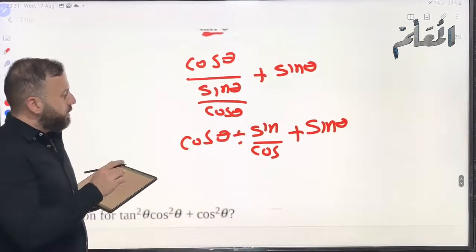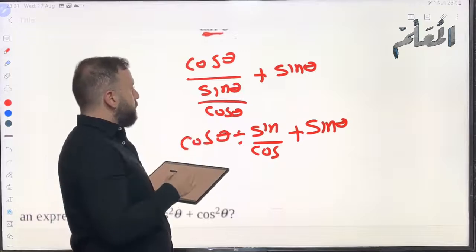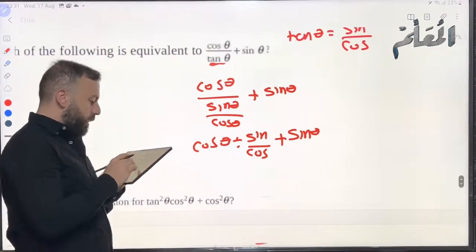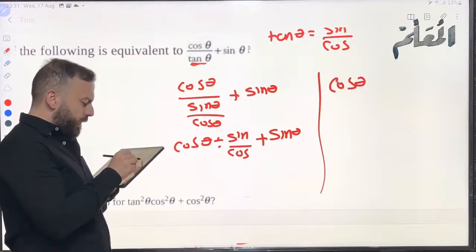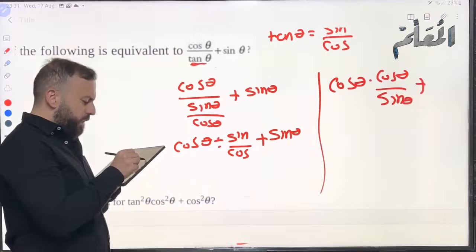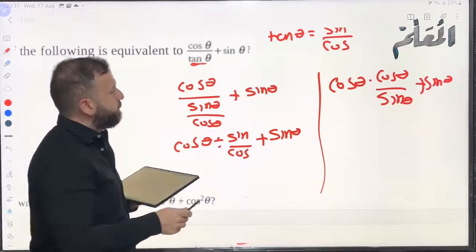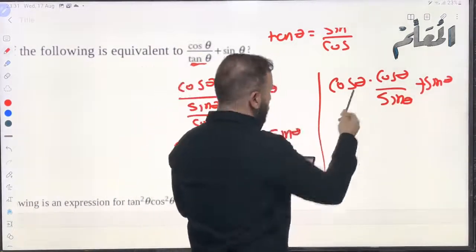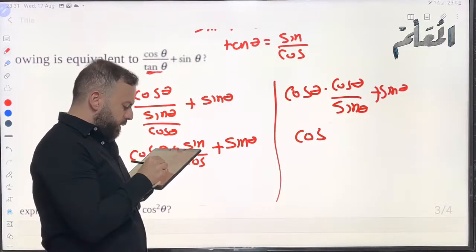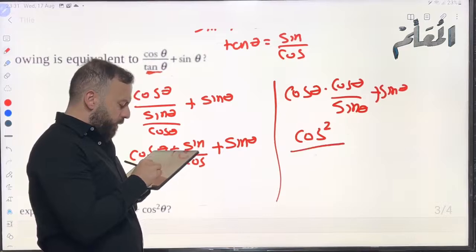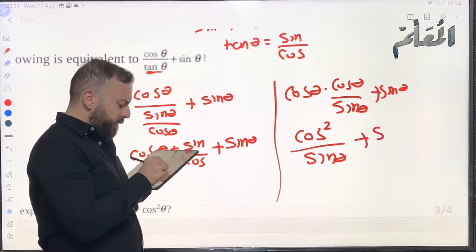Okay, so in this case, we do multiplication now. Cosine theta times cosine theta over sine plus sine theta. That's going to be cosine squared over sine theta plus sine theta.